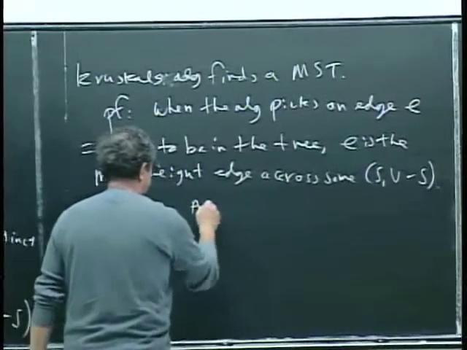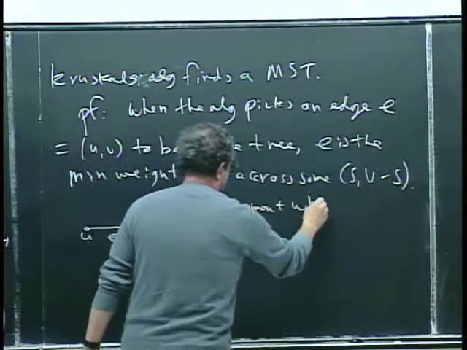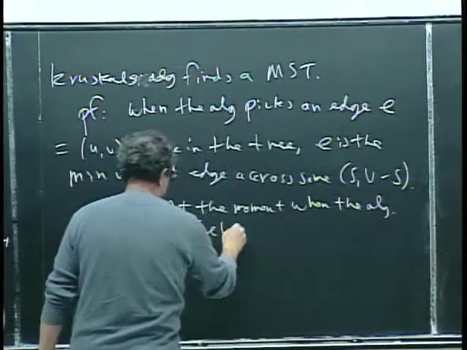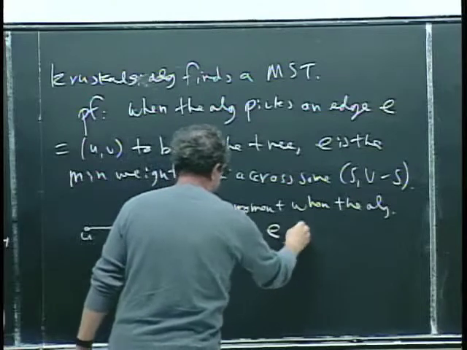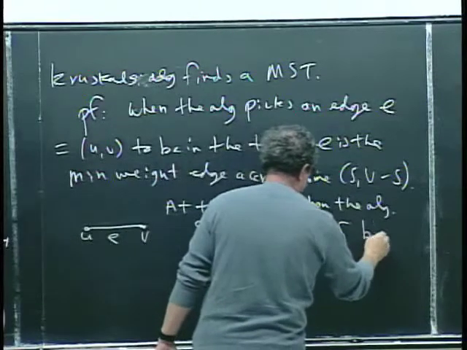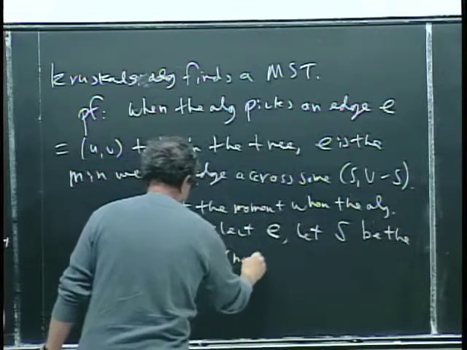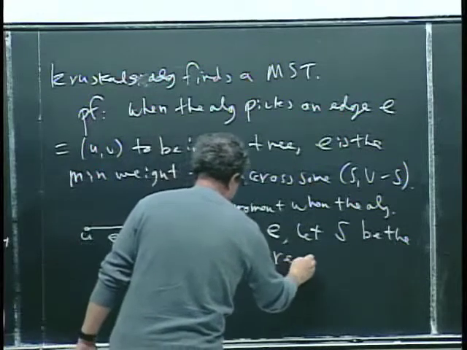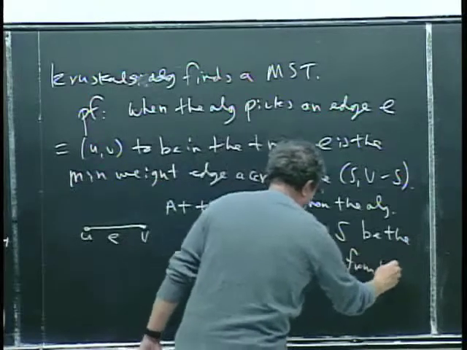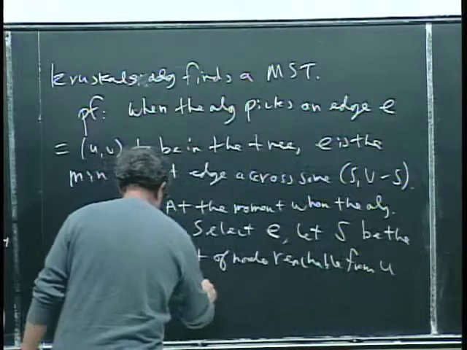Okay, so at the moment when the algorithm selects E, let S be the set of nodes reachable from U by edges already selected.